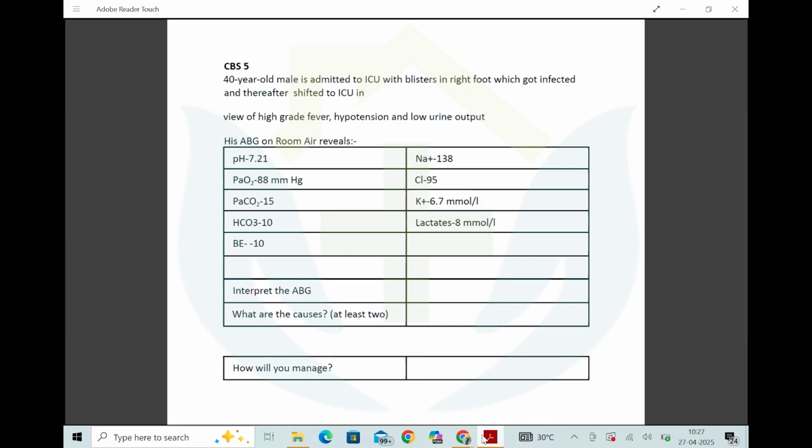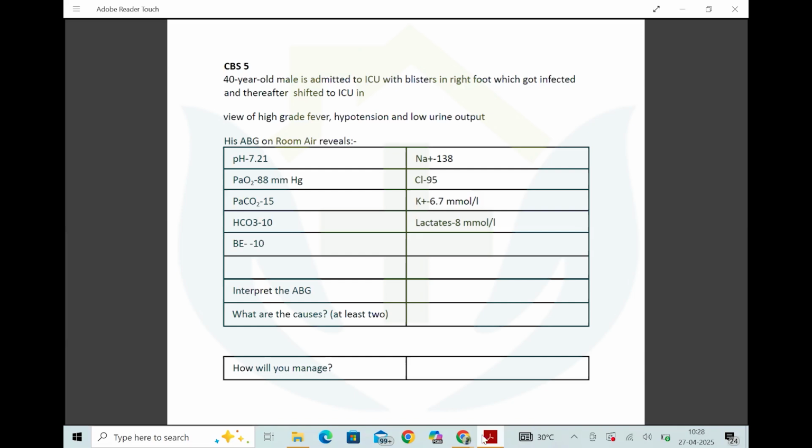High anion gap metabolic acidosis with respiratory alkalosis with hyperlactatemia. So everybody agrees with high anion gap metabolic acidosis? Actually, the delta ratio is a little bit high, ma'am. Yeah, but the first step is finding out if it's high anion gap metabolic acidosis versus normal anion gap metabolic acidosis. After that, only we'll go to the delta and all those things, right? Yes. So first it is high anion gap metabolic acidosis.